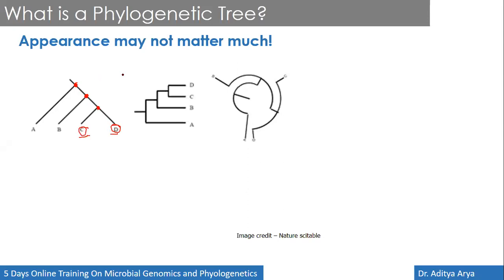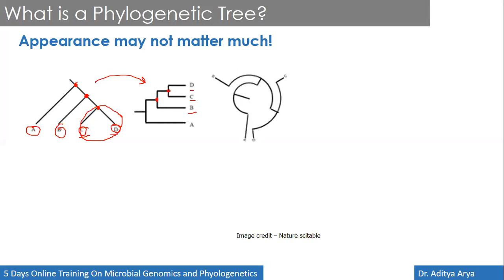Now, if I draw the same tree in a way like this, you can still see that C and D have emerged from a common ancestor, and B has emerged from another ancestor, which is common to both C and D. So this is one clade, and this is B, this is A. The ancestor from which B emerged, from the same ancestor both C and D emerged, right?